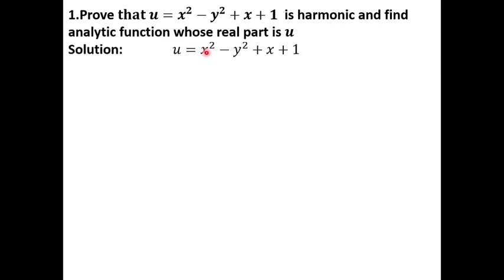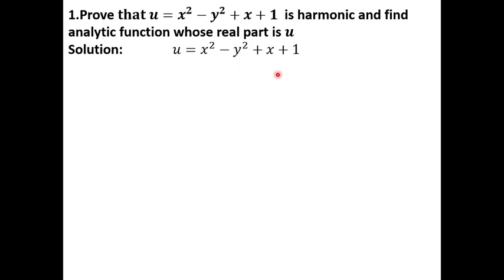See here, first method. First consider the given u is equal to x square minus y square plus x plus 1. Here we show that it is a harmonic function. To prove it is harmonic, we show that dou squared u by dou x square plus dou squared u by dou y square is equal to 0. That means apply differentiation to u with respect to x and also y twice.